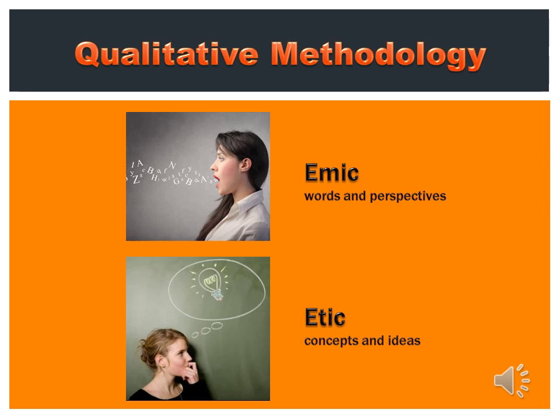ETIC researches concepts and ideas and is considered an outsider or top-down approach. Just remember this: if the text is developed from data or participants' words, it's called EMIC. If it's developed from research or literature, it's ETIC.